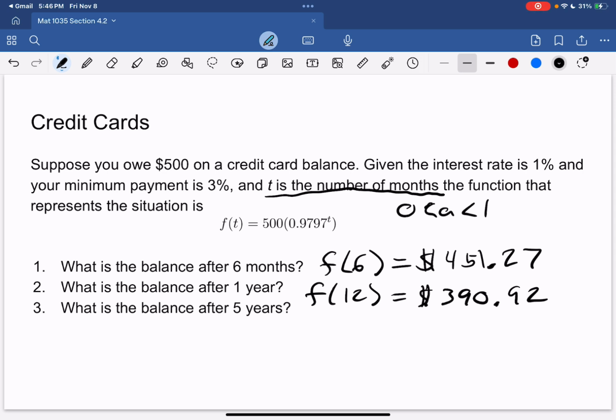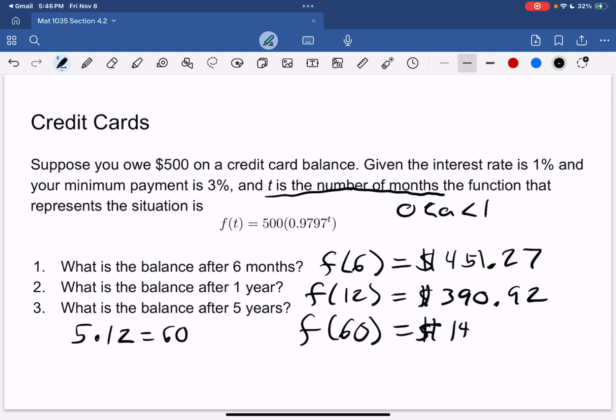All right, so assuming you paused the video. So for 5 years, I don't want to look at f of 5 because I'm talking about months, but there are 12 months in a year. So 5 times 12 is 60, so I need to look at 60 months. All right, so I'm going to look at f of 60. Go to the calculator, plug it in, and I get $146.07.